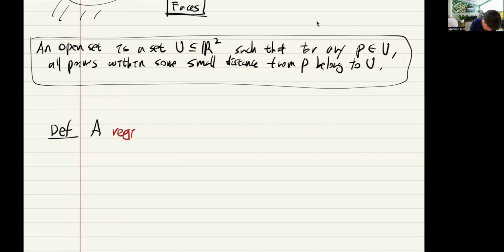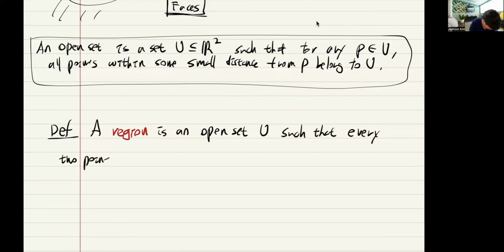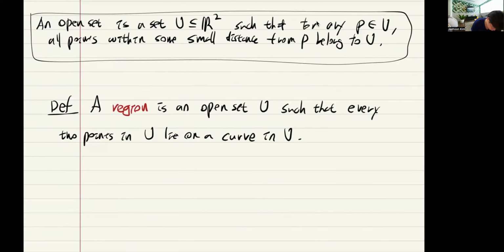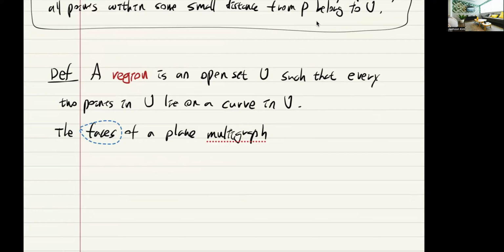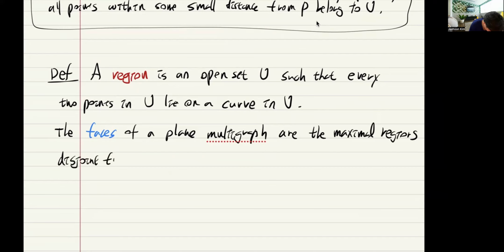We say a region is an open set U such that every two points in this region U lie on a curve in U. And the faces of a plane multigraph, where a plane multigraph means a multigraph with an embedding given, are the maximal regions which are disjoint from the edges of the graph.